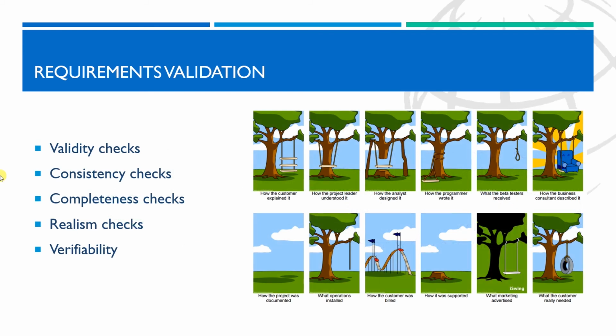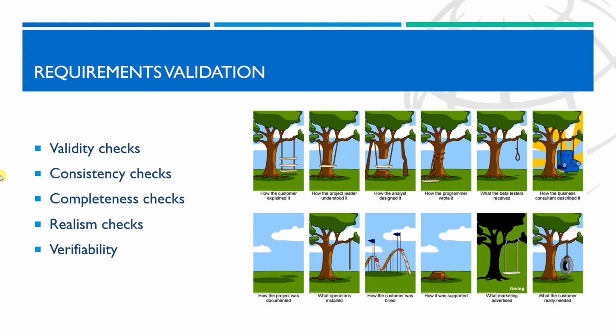During the requirements validation process, different types of checks shall be carried out on the requirements in the requirements document. These checks include the validity checks, and this check that the requirement reflects the real needs of system users because of changing circumstances.